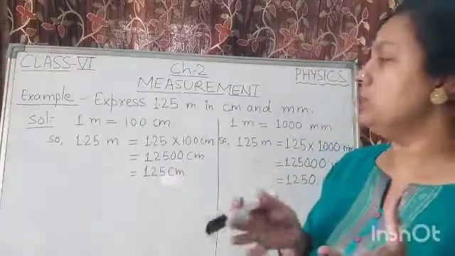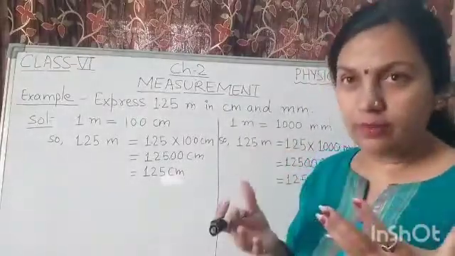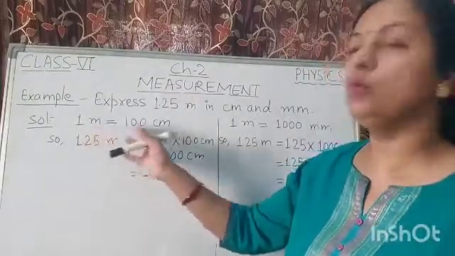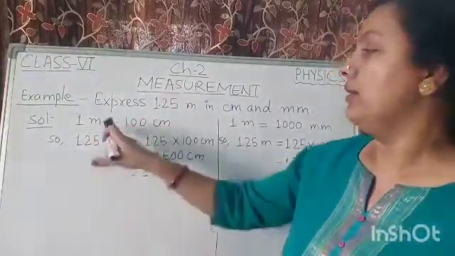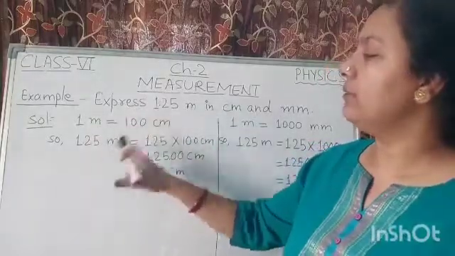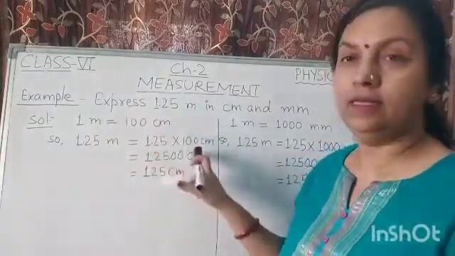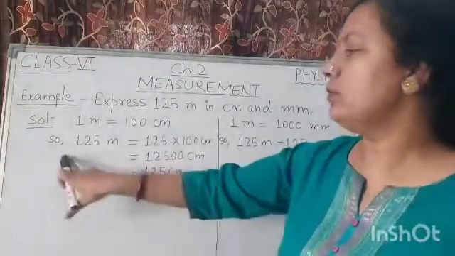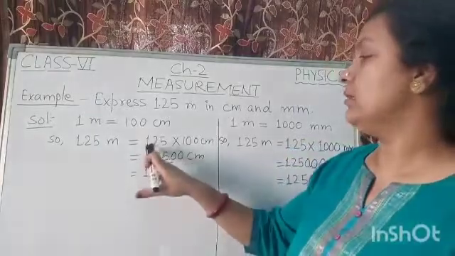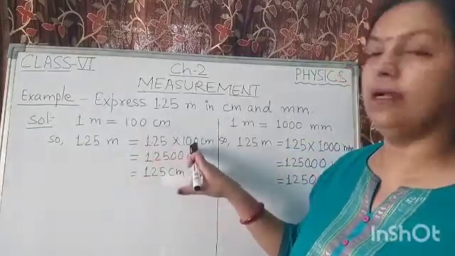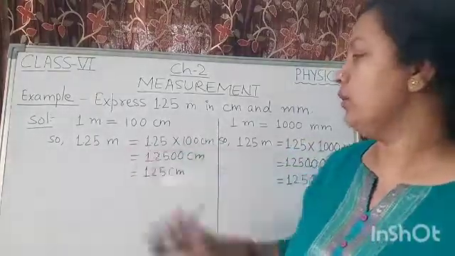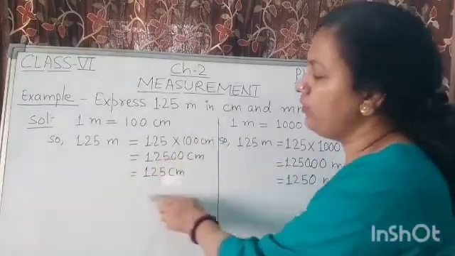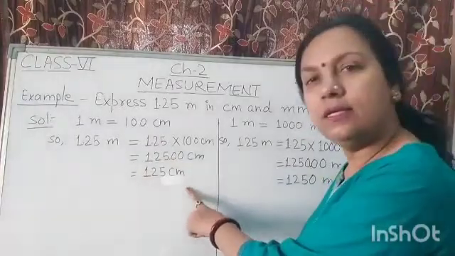For this we must know how many centimeters are there in 1 meter. So 1 meter is equal to 100 centimeter, we all know. Now we will multiply this value by 100 to convert it into centimeter. So we will write 1.25 meter is equal to 1.25 multiplied by 100 centimeter, and you all know what we will get, 125.00 centimeter, or we can write 125 centimeter.